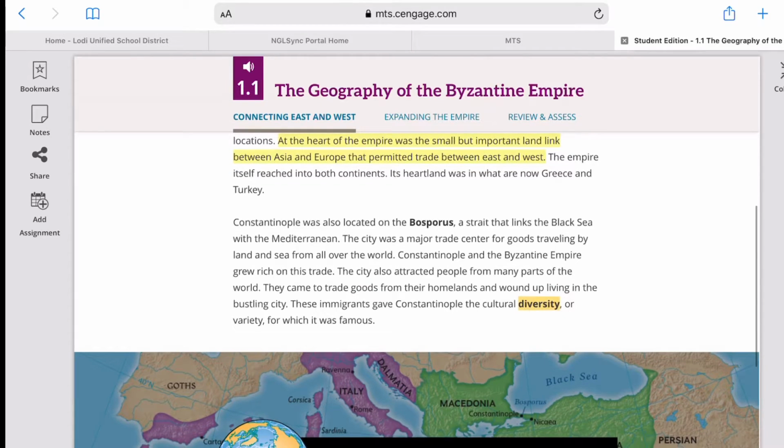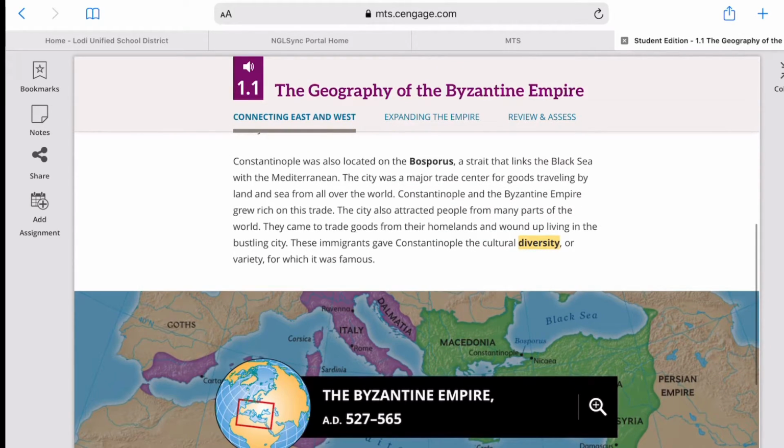Today, we know this area, this place, as the country of Greece and Turkey. Well, of course, Greece was even more ancient than the Byzantine Empire itself. So, because of this geographic advantage, Constantinople and the Byzantine Empire grew rich on its trade.